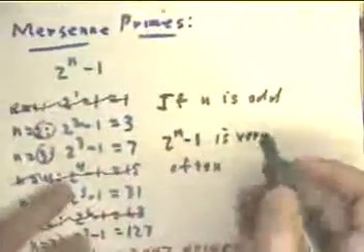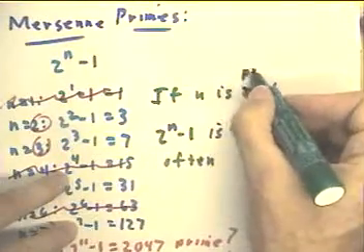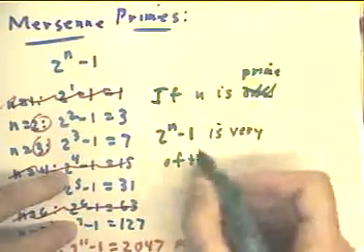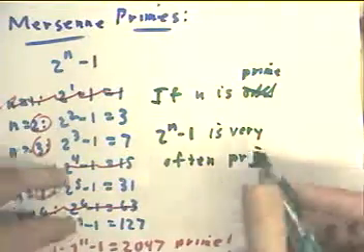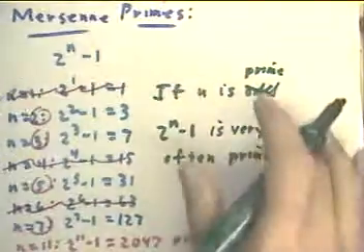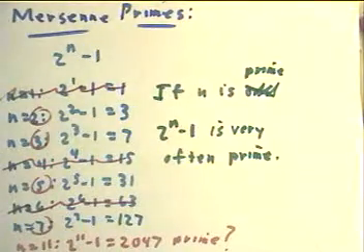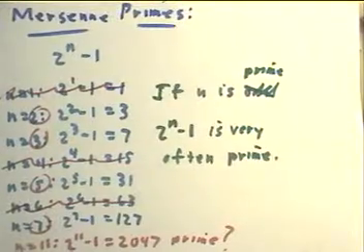If n is prime, then 2 to the n minus 1 is very often prime. And if n is not prime, then it turns out that 2 to the n minus 1 is much less often prime. And there are some reasons for that, but you might speculate on what those reasons might be.